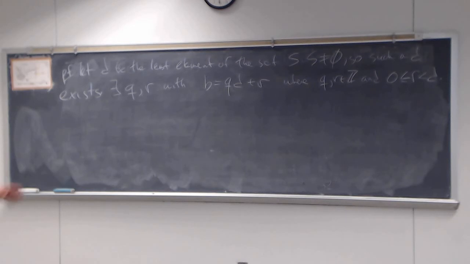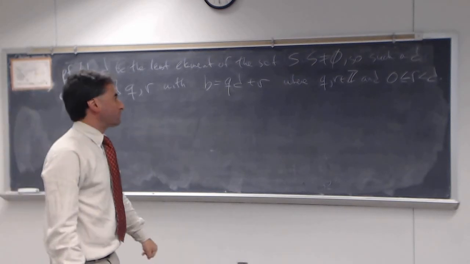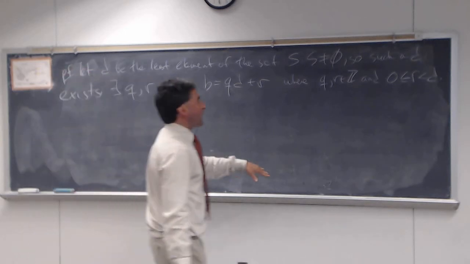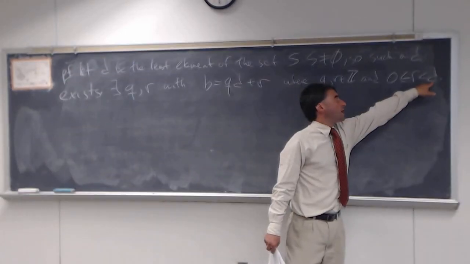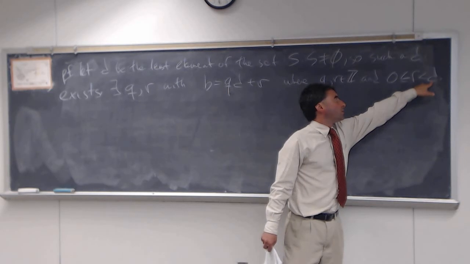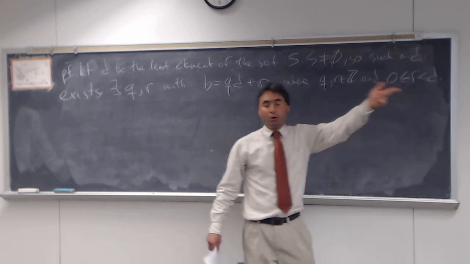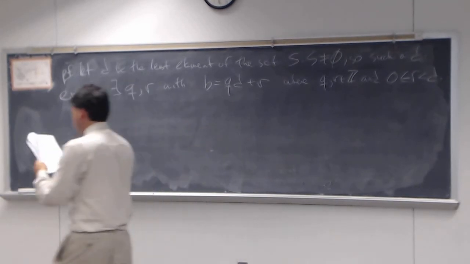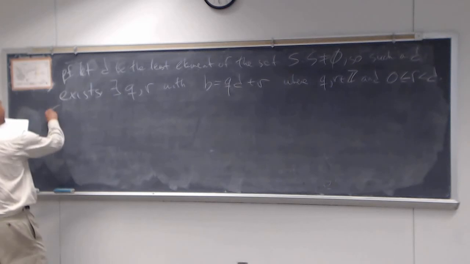To do that, we're going to show that if R is not 0, we get a contradiction. You can maybe think about what that contradiction might be. It might be that R ends up being in S and smaller than the least positive integer. Okay, well what do we have?